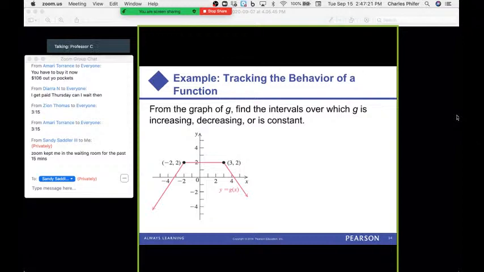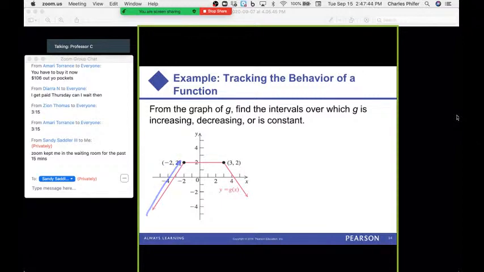So here on this graph, we're asked to find the intervals over which this function g is increasing, decreasing, or constant. All right. So notice as we trace this left to right, what is it doing initially? Is it going up? Is it going down? Or is it staying flat?